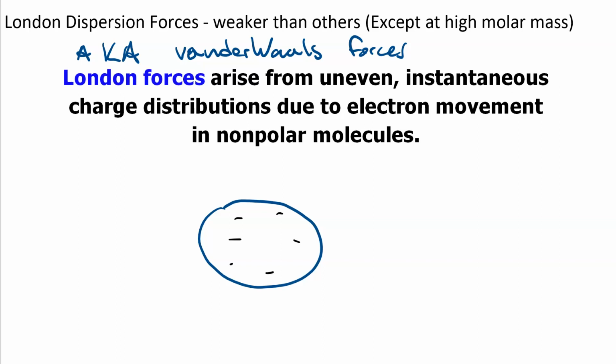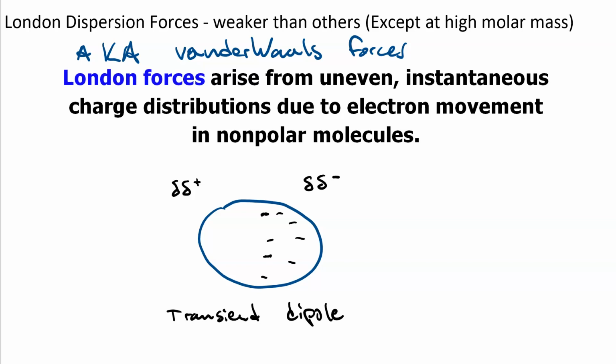And at some moment in time, it might be possible to have a buildup of electrons on one end of the molecule or the other. And this gives us a small amount of negative net charge on this side of the molecule and a small amount of positive net charge on the left-hand side. So this is called a transient dipole. It only lasts for a few microseconds.